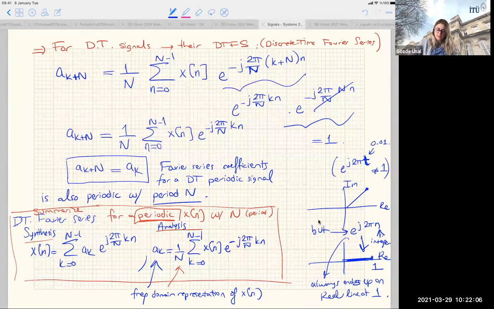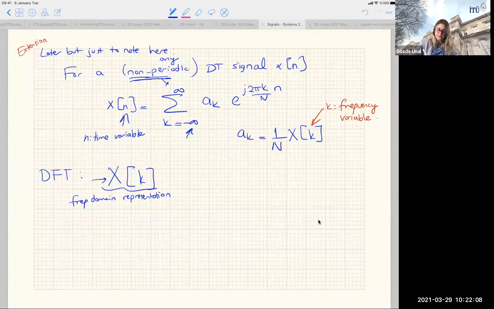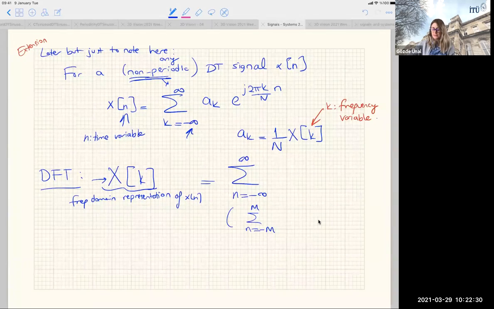What you're generally doing is this DFT, discrete Fourier transform, the frequency domain representation of x of n, which is equal to a sum. It could be an infinite extent signal, but typically, in our finite world, we truncate it, normally from minus M to M. We take a finite range in practice.